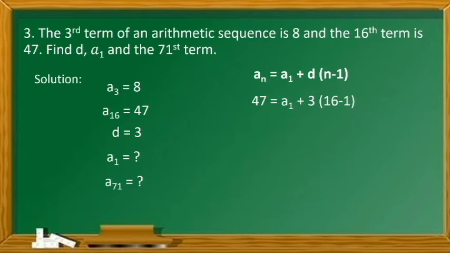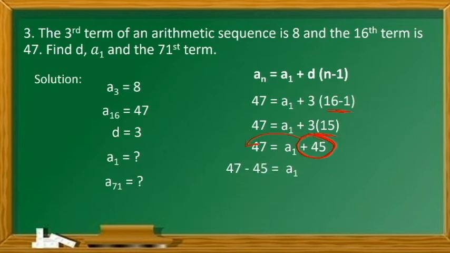So let's now continue the solution. In this case, we will subtract first 16 minus 1. So we have now 47 is equal to a sub 1 plus 3 times 15. In this case, we will multiply first 3 times 15. So we have now 47 is equal to a sub 1 plus 45. So next now is we will transpose positive 45 on the left side of the equation.